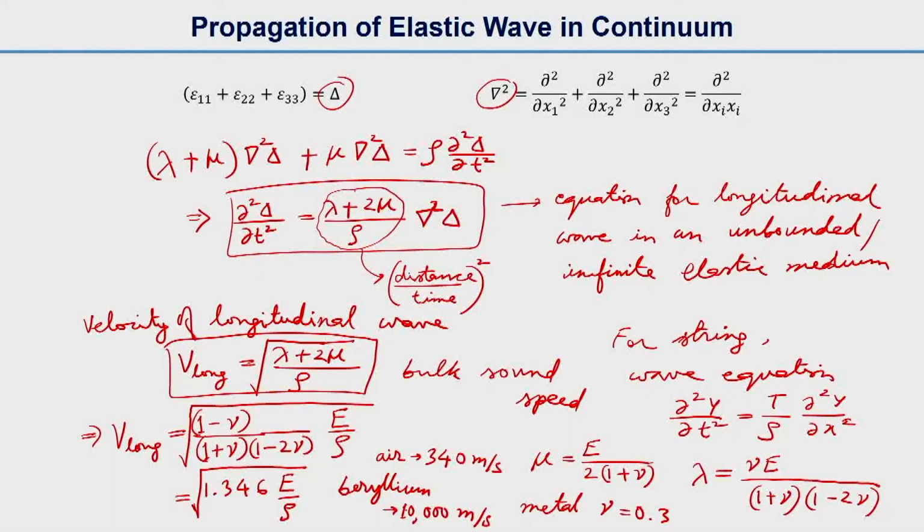So, this is longitudinal wave velocity. We will check that for some other materials also later, but this we can tell that for air it is very low. It depends on the Young's modulus and the density, but for beryllium it is very high.